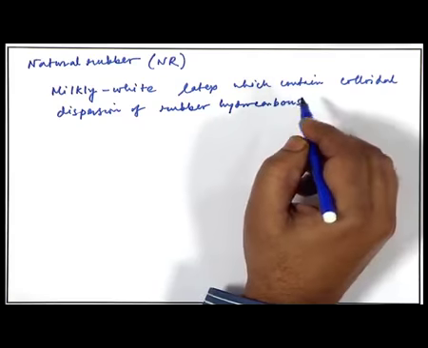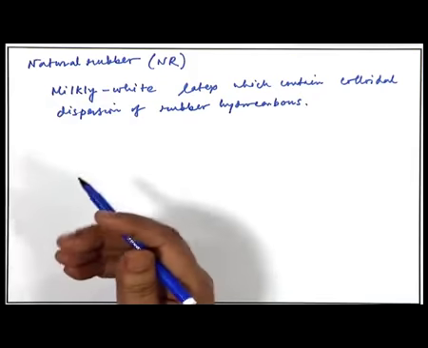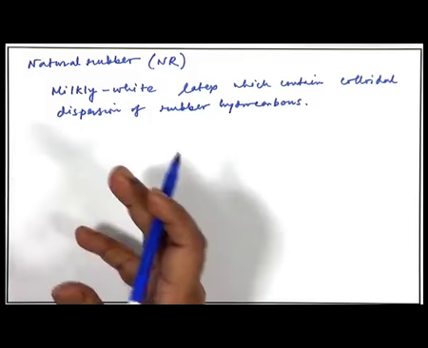This is obtained from the bark of the rubber tree. If you have visited Kerala, you have probably seen rubber trees, and from the bark you can get this milky white latex coming out. Rubber trees are abundant in the Southeast Asia region like India, Sri Lanka, Indonesia, Malaysia, and in South America.